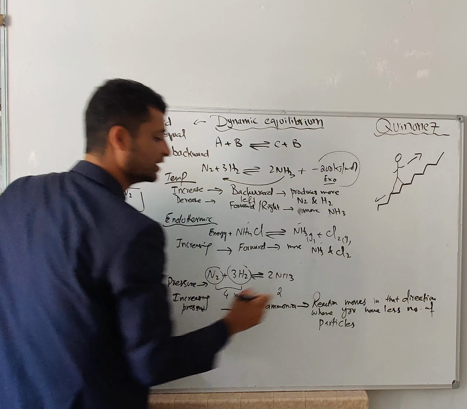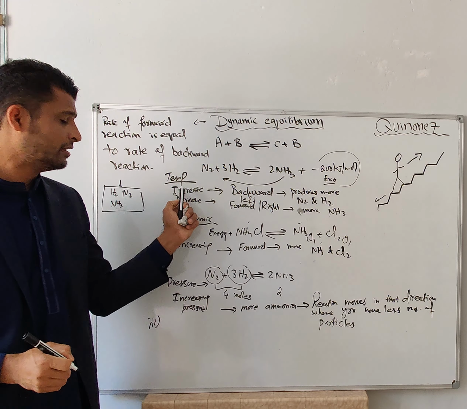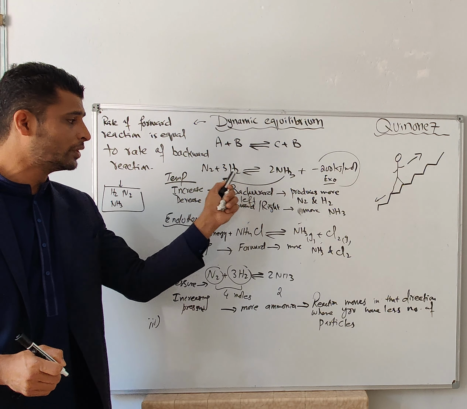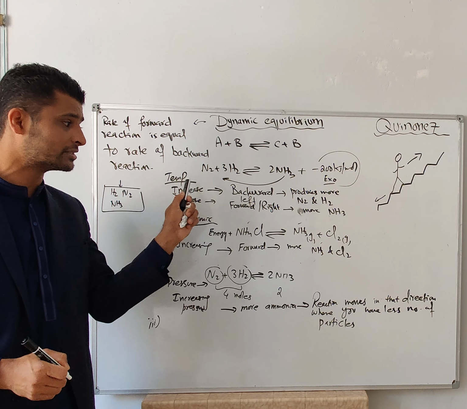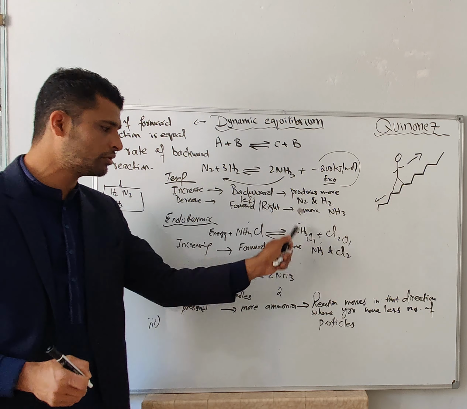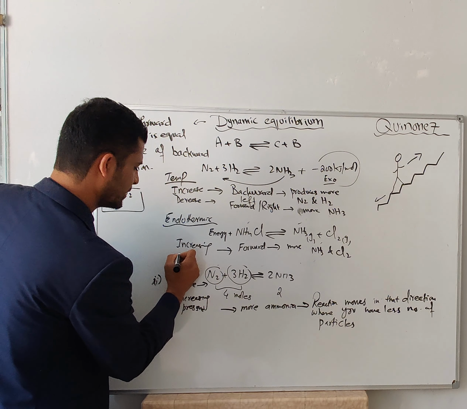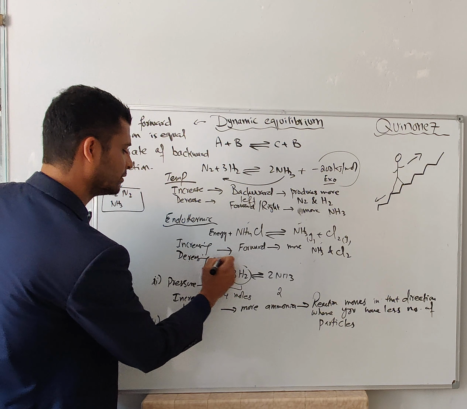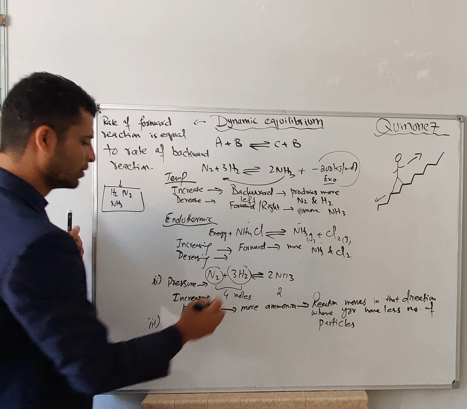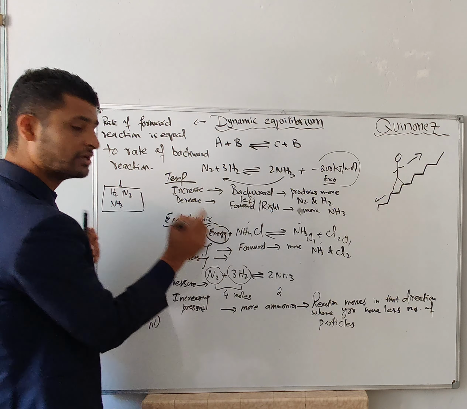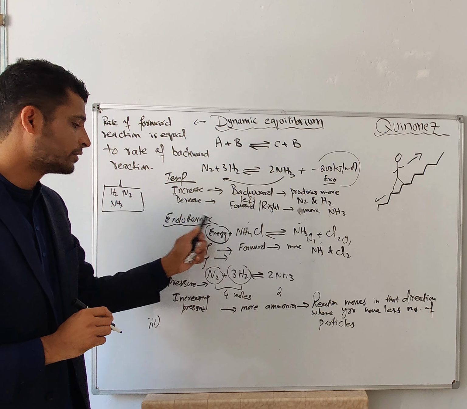NH3 and Cl2. You remember, when you increase the temperature in the exothermic, you produce N2 and 3H2, means you produce more reactants rather than the product. In this case, in endothermic, you produce more ammonia and Cl2. Now you have another situation, you're decreasing the temperature. What's going to happen here is, when you decrease the temperature, you are decreasing one of the reactants.